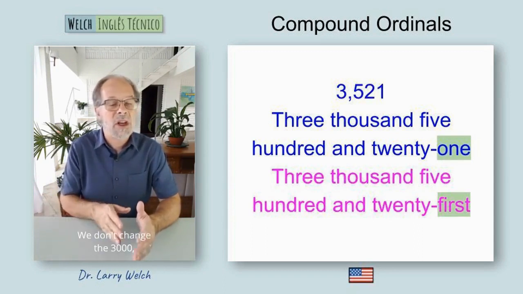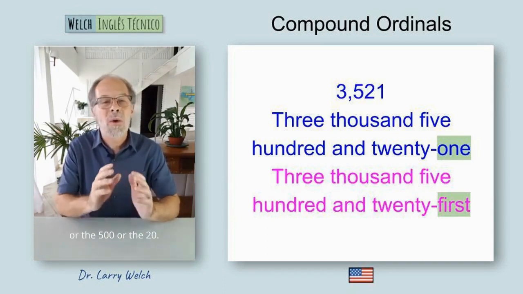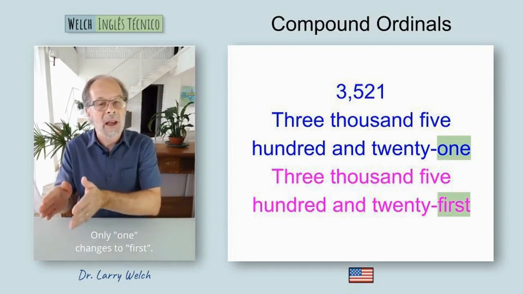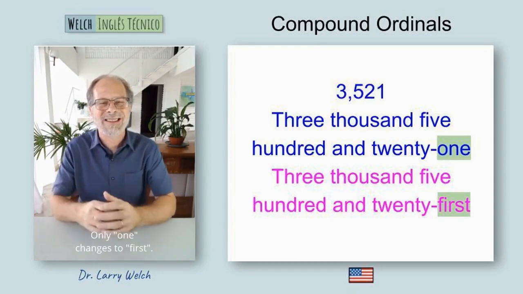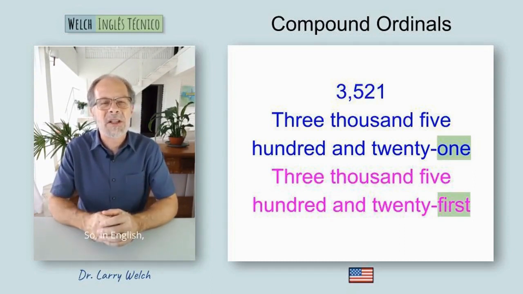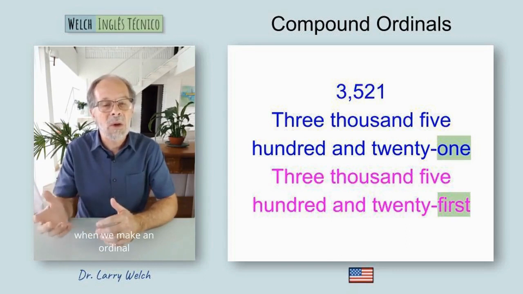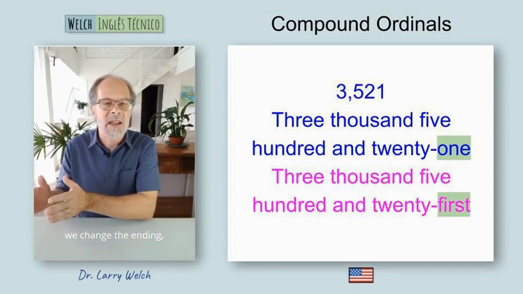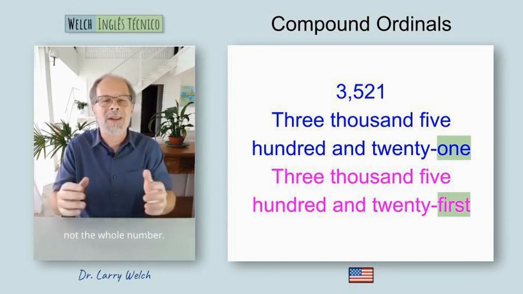We don't change the 3,000 or the 500 or the 20. Only 1 changes to first. So in English, when we make an ordinal out of the cardinal, we change the ending, not the whole number.